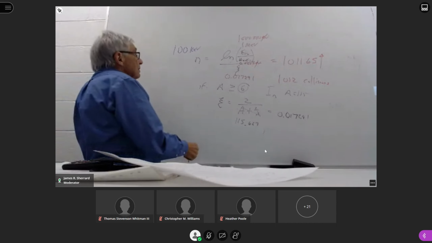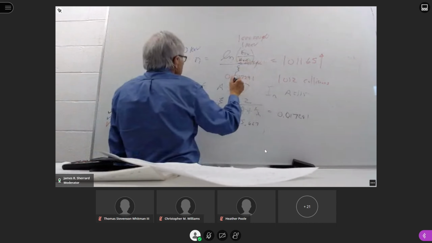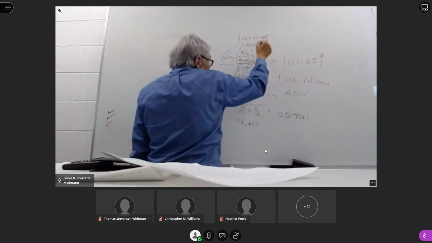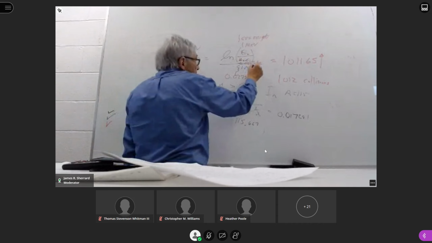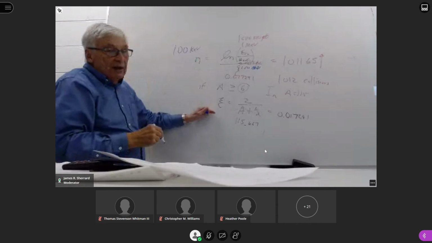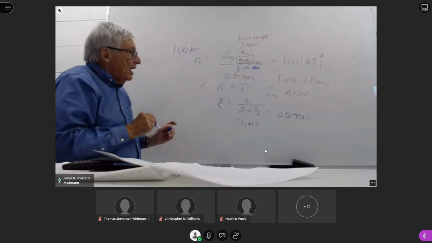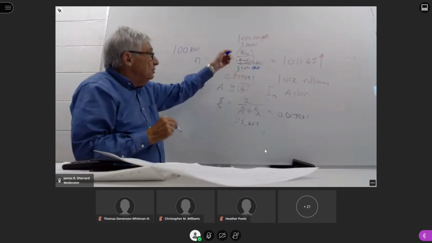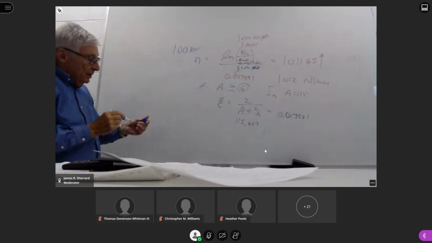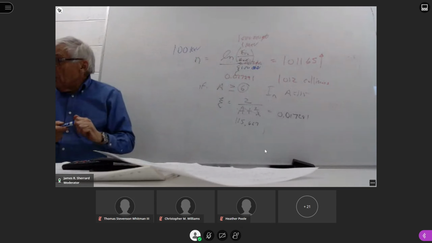If you did that, we're reducing this to 100 keV. We have to make sure we have like units there. Then you could use this to find the average number of elastic scatters for indium to do that. So you can do it between any energy range, and that's valid. Any questions on that?